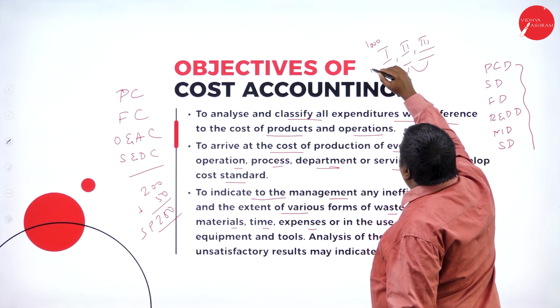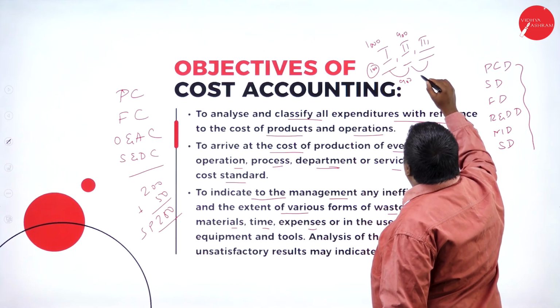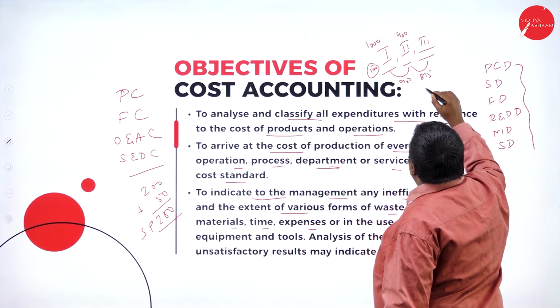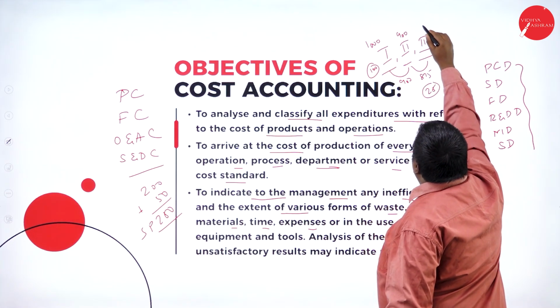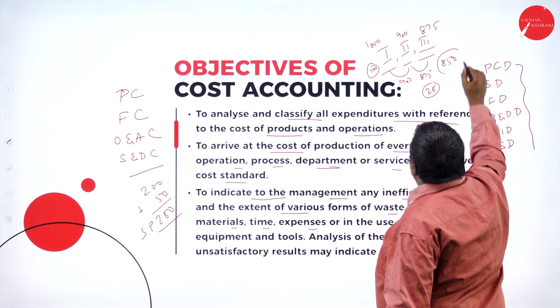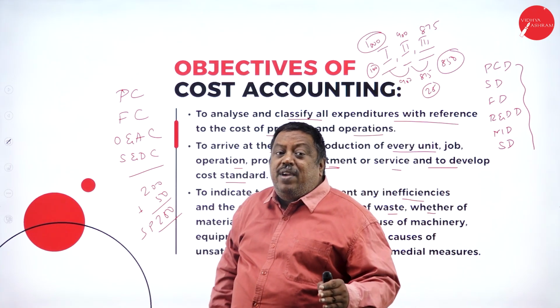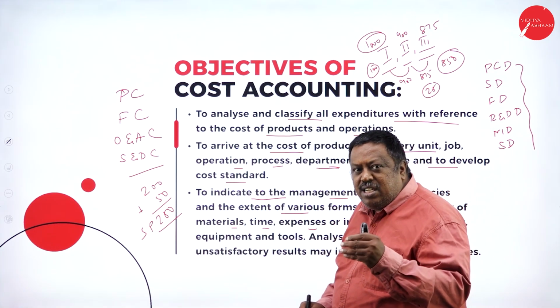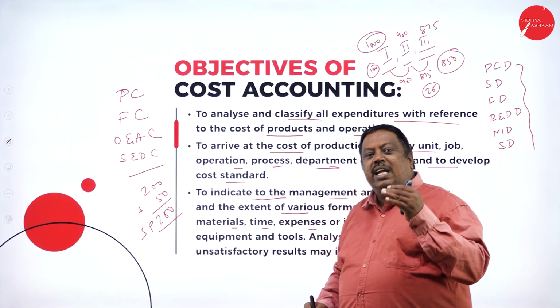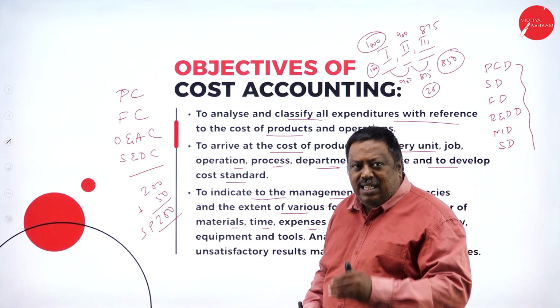So here we lost 100 units. The input was 900, so we got 875, 25 we have lost here; 875 we have given, 850. So the total output of the product was only 850. Whether there is any inefficiency in the material or in the time or in any amount of expenditure incurred here.